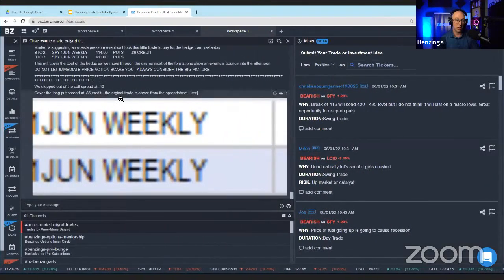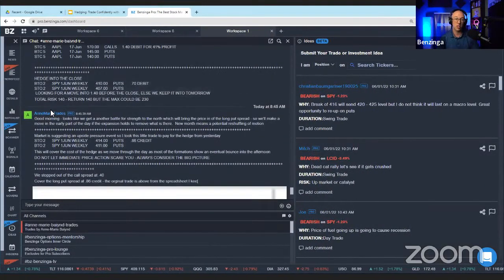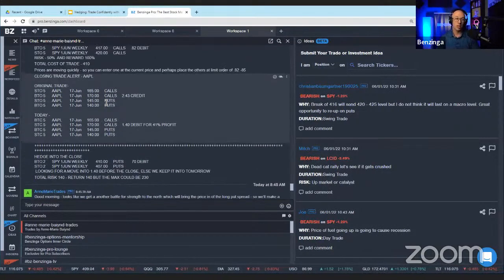And then we have all these different chat rooms, but right here, this is where Anne-Marie is going to be posting those trades. So these spreads that we were talking about today, some of these are shorter term trades that expire the next day. Others of these might be swing trades that go out a few weeks to a few months, depending on the situation.